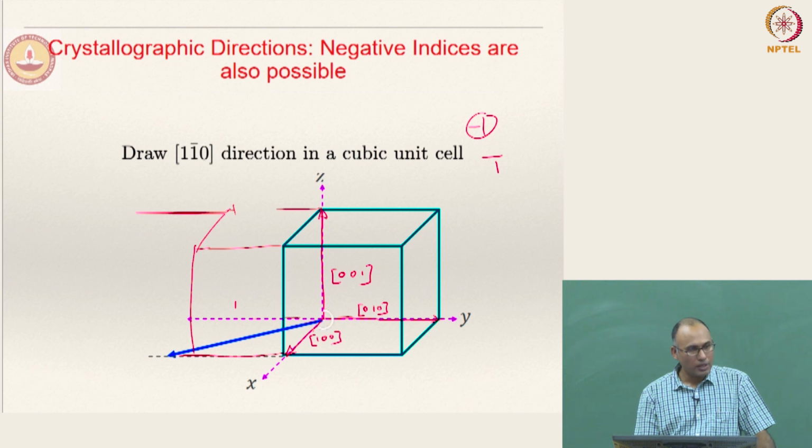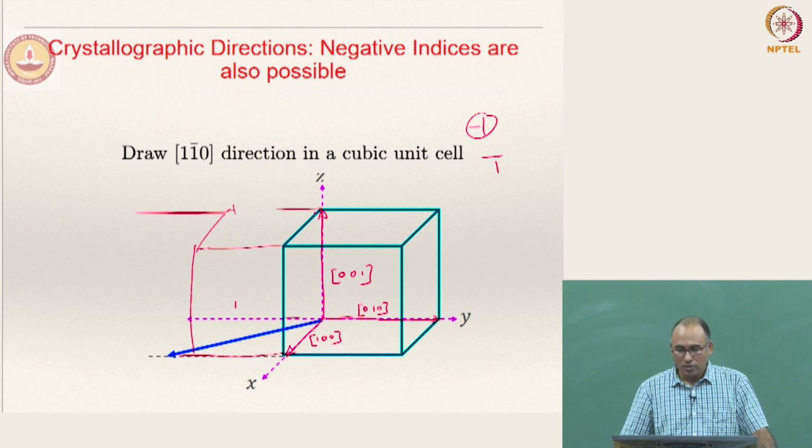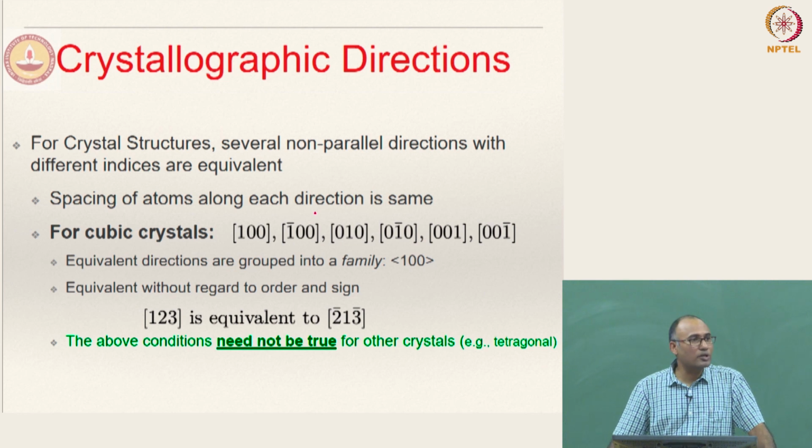Now if I am here, by moving a distance of a, I am finding my next point. Similarly, here as well, by moving the same amount of distance, I am finding my next point. Here also, I am able to find the next point, right? That means the distance between points in all these crystallographic directions are the same. And if that is so, then they are called equivalent directions. Okay? They are not parallel, but they are similar.